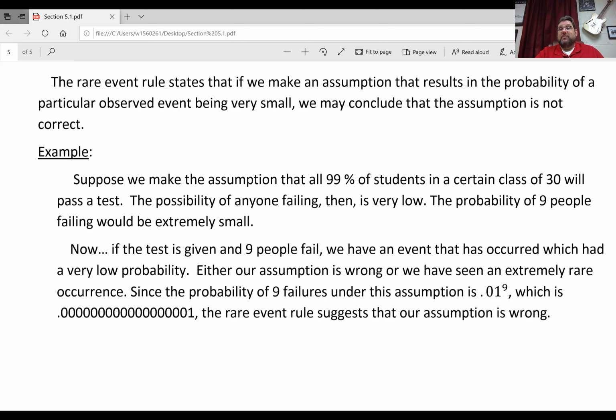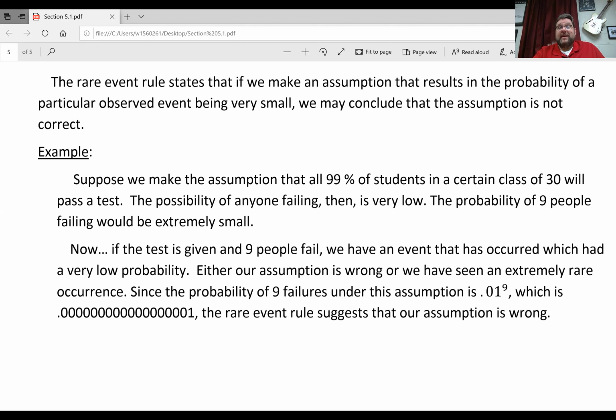That's a small probability. The probability of 9 people failing under this assumption that 99% would pass is very, very small. Because if you look down here, I actually calculated it, and you could have calculated this too. The probability of 9 failures is 0.01 to the 9th power, and look at this long number, 0.000000000000000000001. I think I got lost in there. But that's a very, very, very small number.